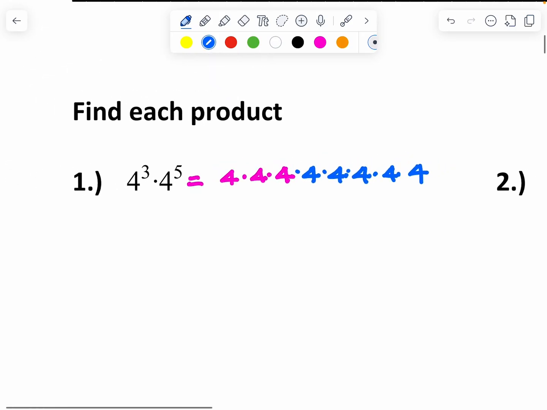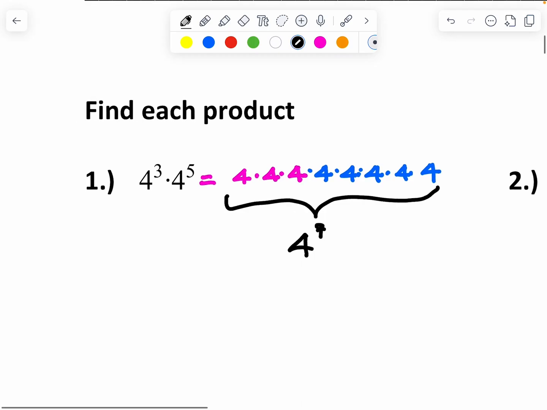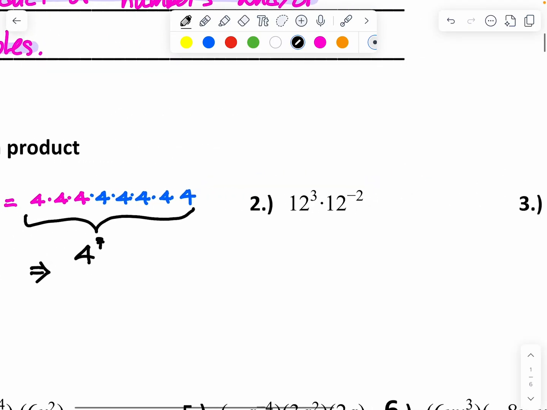So 5 4s and 3 4s. So all together now we have how many 4s? We got 7 4s. Okay, so we can expand it out and it makes sense. Or we can just simply follow the rule: 4, same base, to the power of 3 plus 5, which gives you 4 to the power of 7. Okay. All right, next one.